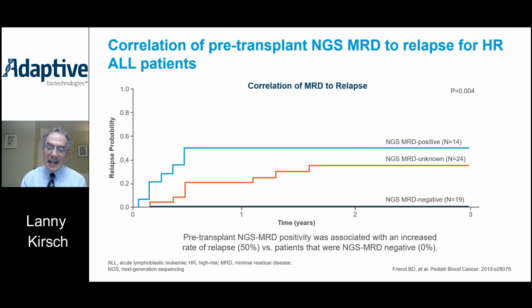Patients who were MRD negative by sequencing pre-transplant, and then underwent prep and subsequent transplant, had a cumulative risk of relapse of 0%, as shown in the black line that runs along the x-axis. These unknown patients, shown in the red line, were simply those patients for whom no samples were sent to the lab of Adaptive Biotechnologies in Seattle. So we don't know their status.